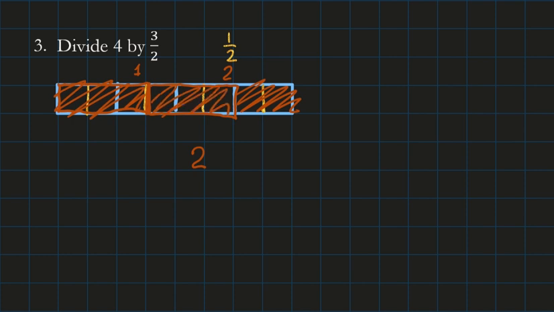So 2 wholes, and then I'm left with a remainder of 2 out of 3s, because I am counting in 3s. So 2 whole number 2/3. Which means 4 divided by 3/2 gives 2 whole number 2/3.